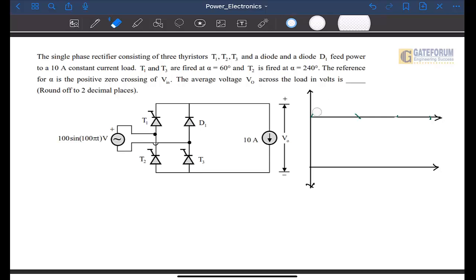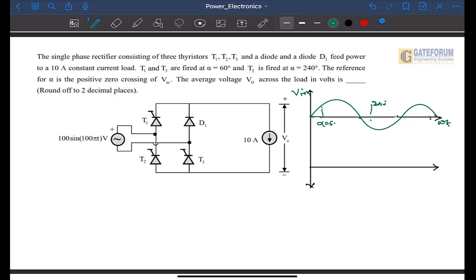Let me draw the waveforms, then I will discuss. Say this is the waveform of V in, and this is the alpha 60 degree, and this is the 240 degree point.